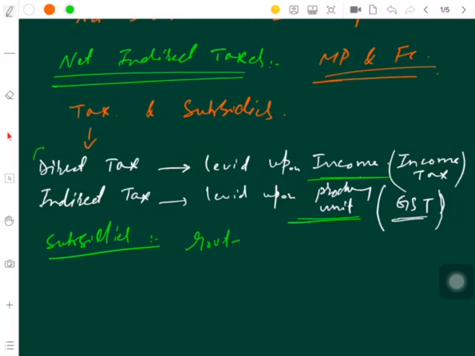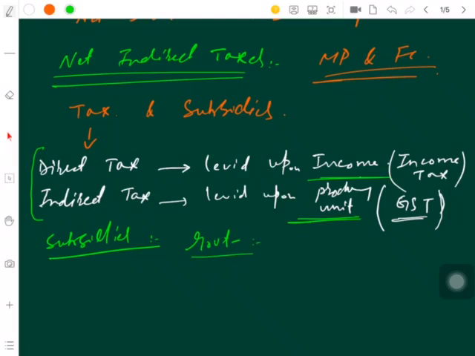Here in direct and indirect taxes, goods and services get involved. Here subsidies are being paid by the government to the producing units or to the individuals against nothing. It is technically called a transfer payment. So subsidies are being provided by the government.